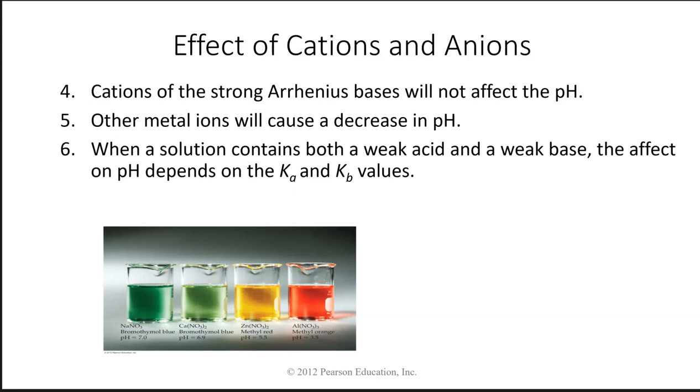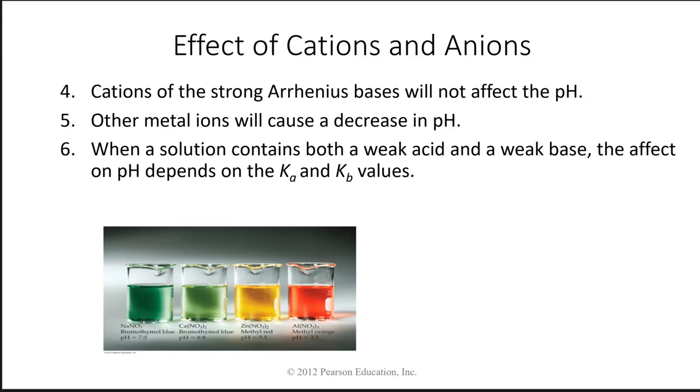Cations of the strong Arrhenius bases do not affect pH. All other metal ions will cause a decrease in pH, resulting in a more acidic solution. And again, when you have to compare two ions, a cation and an anion, you have to look for which value is bigger, the Ka of the ion or the Kb of the ion.